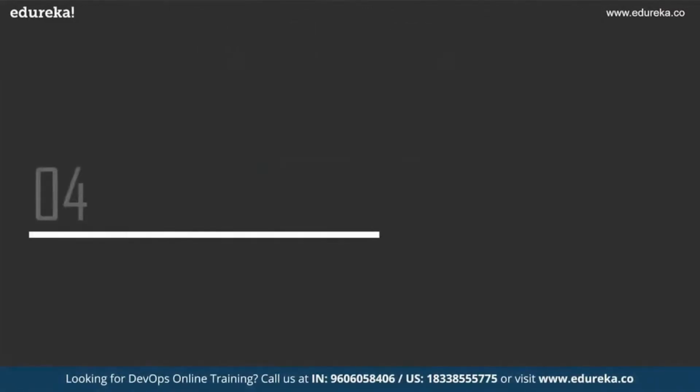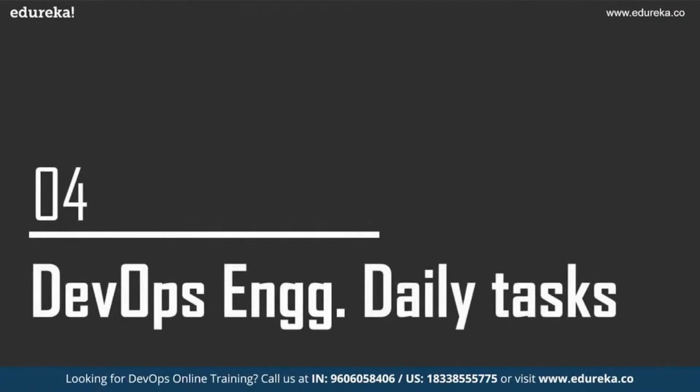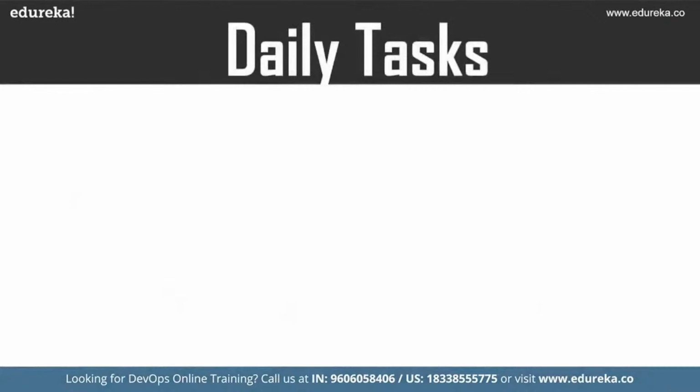Now let us discuss the main part of this session, that is DevOps engineer day-to-day tasks or daily activities. If you think about this question, what are the daily activities of a DevOps engineer? In my opinion, it is pretty vague, because it depends on your experience as a DevOps engineer, and it also depends upon the organization you're working for.